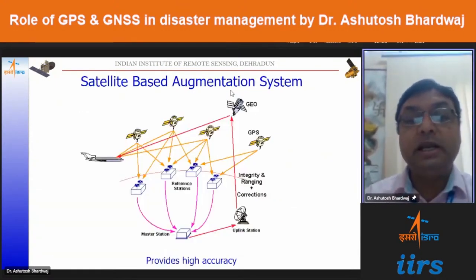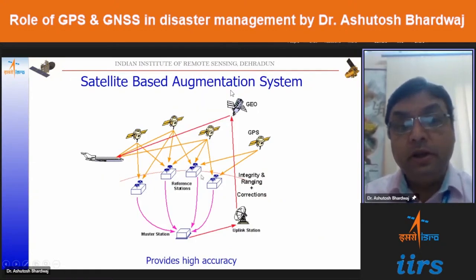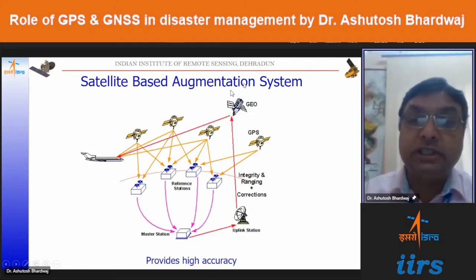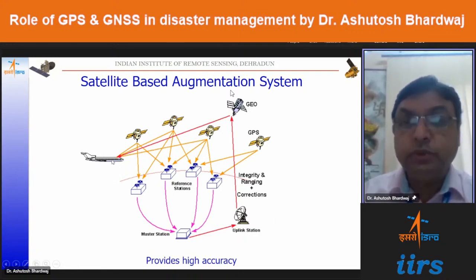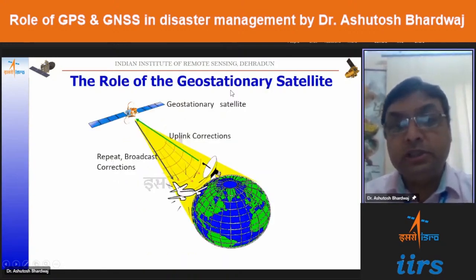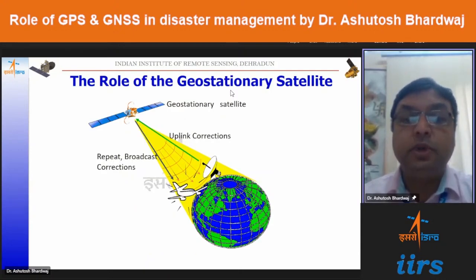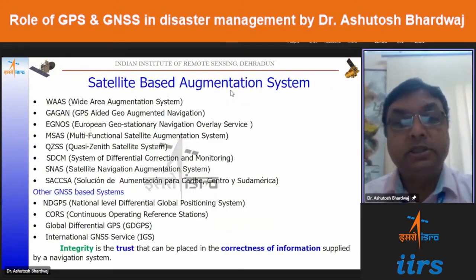Here the concept is that based on the surveyed locations, that is, at the reference stations, corrections are computed and uploaded to the geostationary satellite, which further disseminates the correction parameters to the users. So the geostationary satellites are very important here to repeat and broadcast the corrected signals.